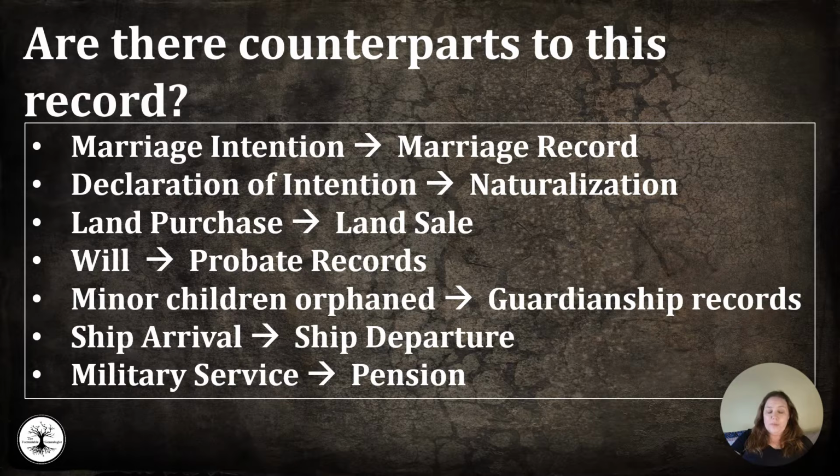Is there a will? Then let's look for those probate records, see what happened to the estate settlement. If minor children are orphaned, are there guardianship records for somebody to take money from the estate to cover all of the expenses for the children? Is there a ship arrival? Is there a ship departure? If somebody was in the military, can you find a pension record for them?